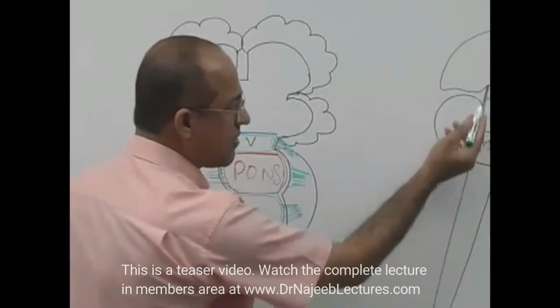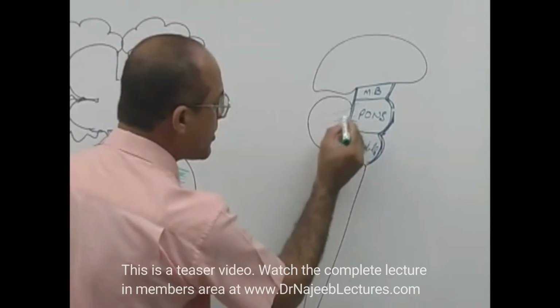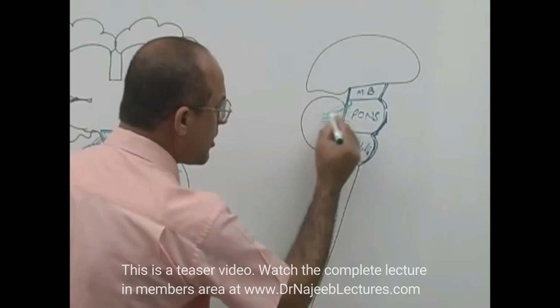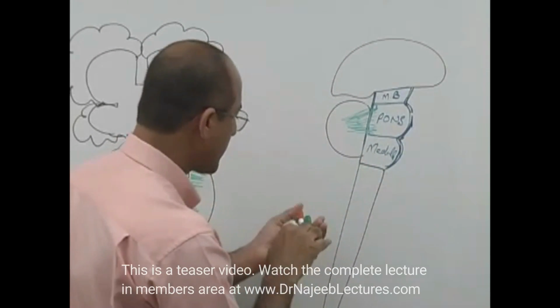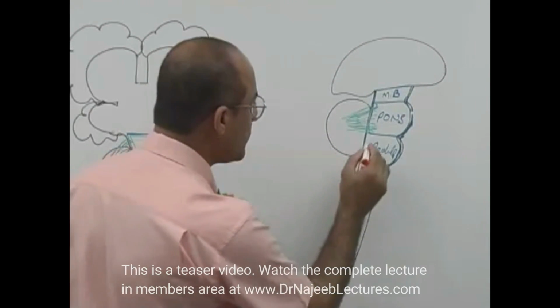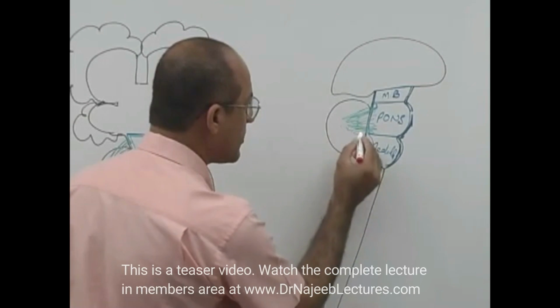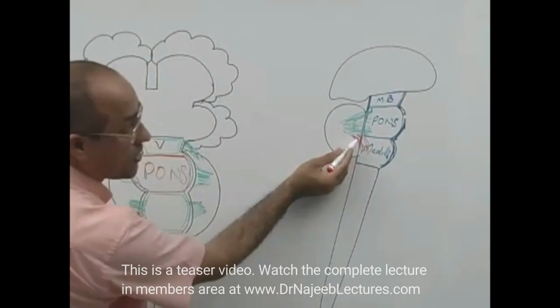In a simple diagram, on the side view, you can also make, what is it? Middle cerebellar peduncle. Is that right? And what is here? Inferior cerebellar peduncle. But it's a very important relationship.